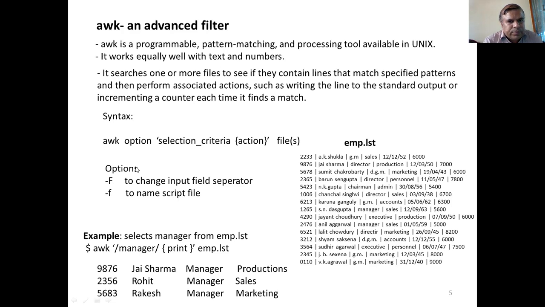The selection criteria is nothing but the pattern that you want to match in each line of a file, and the action is the operation that you want to perform on the selected lines.